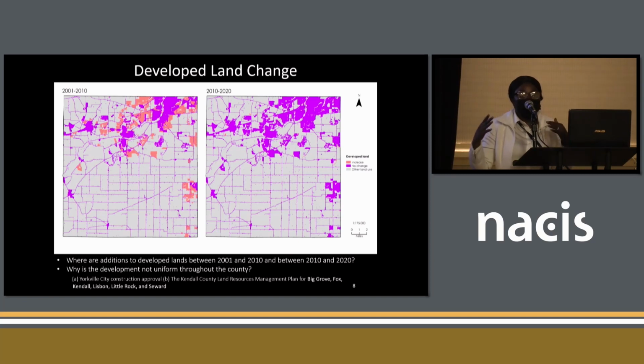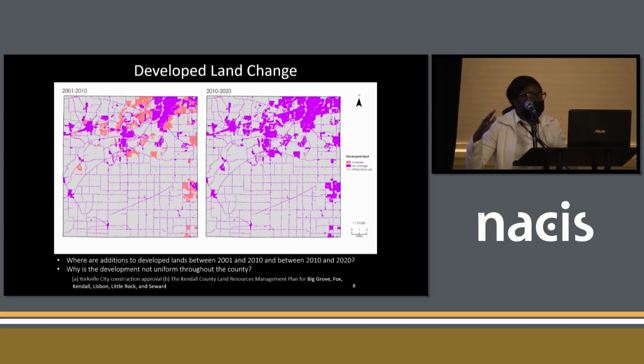development is not uniform. Talking about that, the development is not actually uniform around the county because first, there was an approval of construction of more residential houses by Yorkville City in 2000, and between 2000 and 2010, we have more houses built around that area, and that's why we have a huge growth in urban lands over that period.